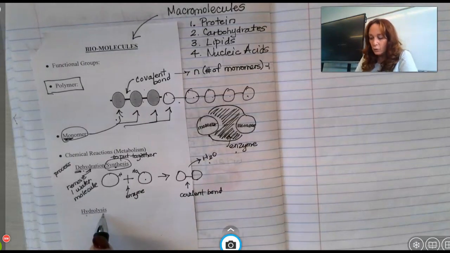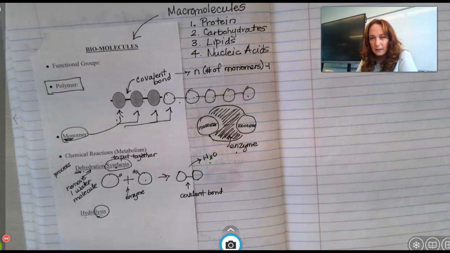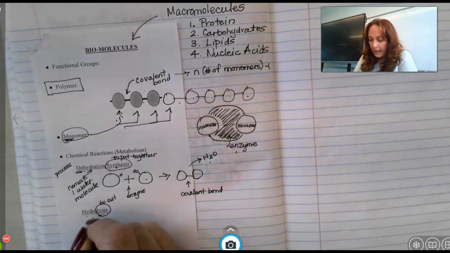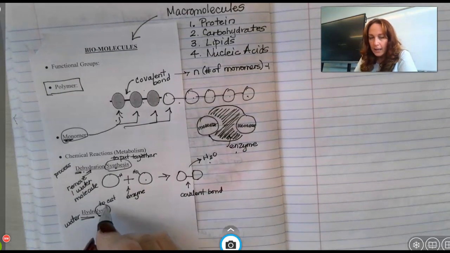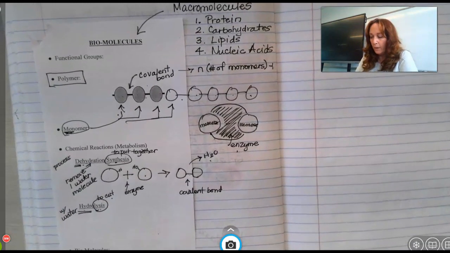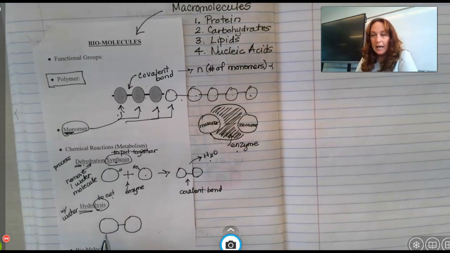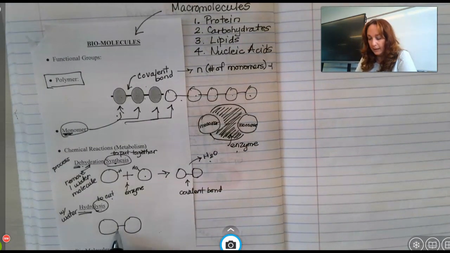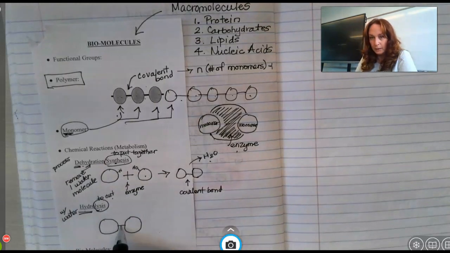So hydrolysis: lysis, if you lyse something, that means you cut it. To cut. Hydro means water. So you're going to cut with water. Here's your dimer, because there are two monomers put together through dehydration synthesis with a covalent bond.